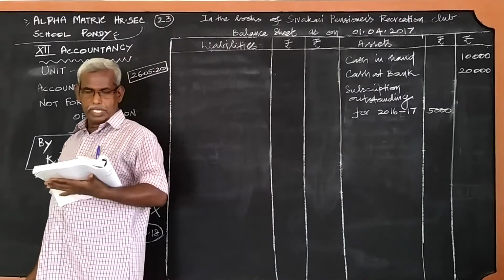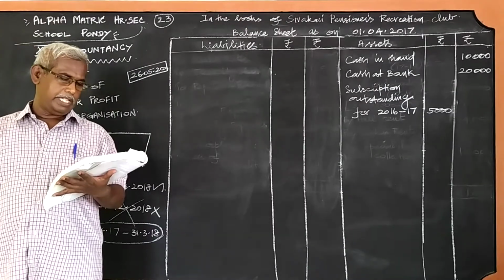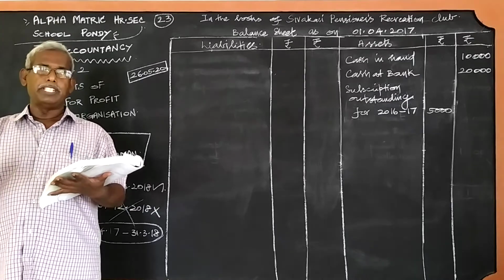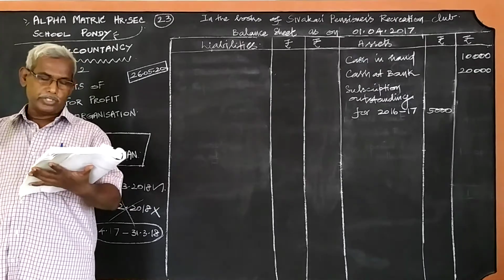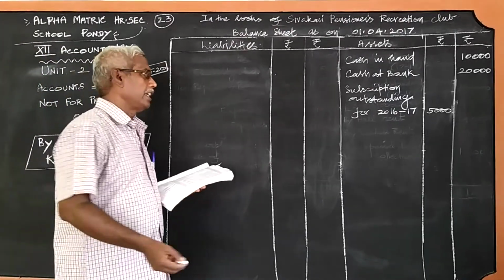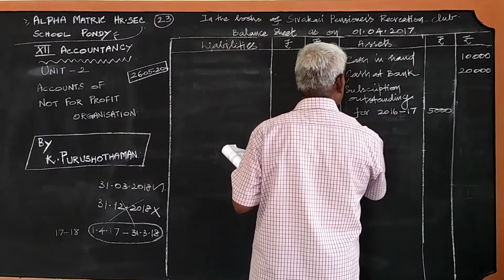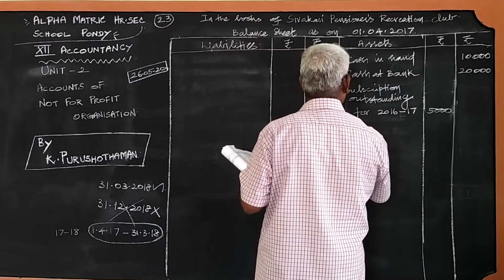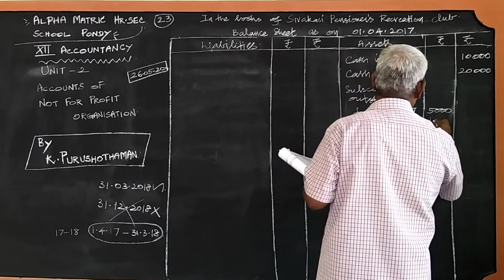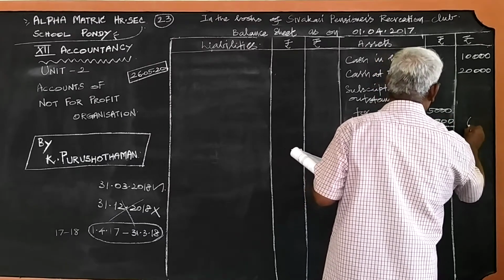For the same year, go to the additional information number 3: the subscription still due but not received for 16-17. Even at the end of the year, outstanding, due, not yet received. 2016-17, 5,000 plus 1,000, so it comes totally 6,000.